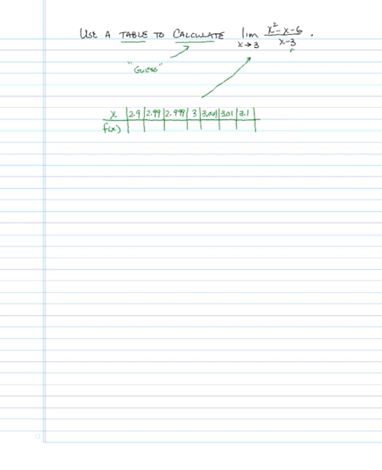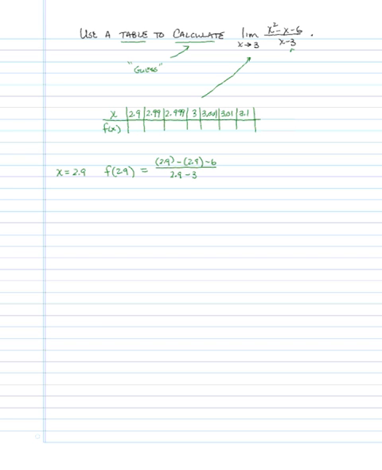Now, remember what is going on when we do this. For the x value, for instance, 2.9, we're going to find the f of x value that corresponds to that. And that means we have to put in 2.9 for x in the expression. So we'll have 2.9 squared minus 2.9 minus 6, all divided by 2.9 minus 3.